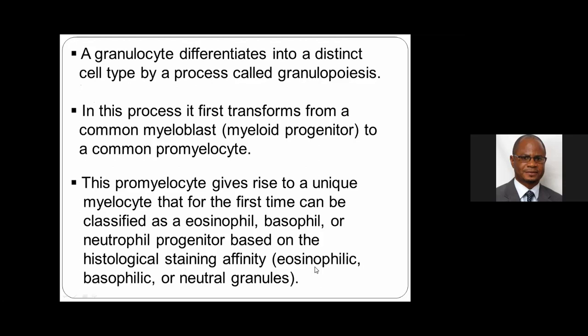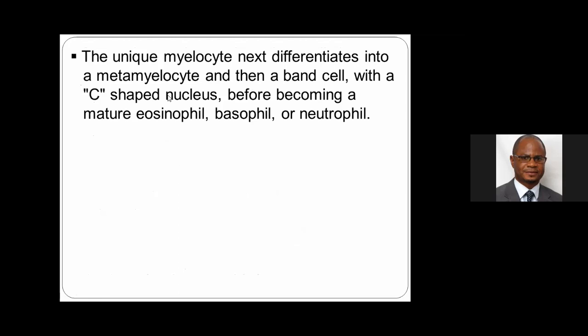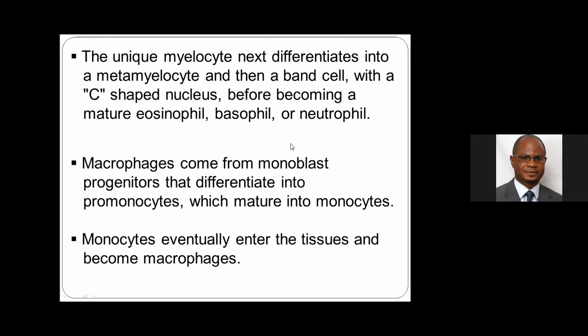Okay. So here the myelocyte differentiates into a metamyelocyte and then a band cell with a C-shaped nucleus before becoming a mature eosinophil, basophil, or neutrophil.